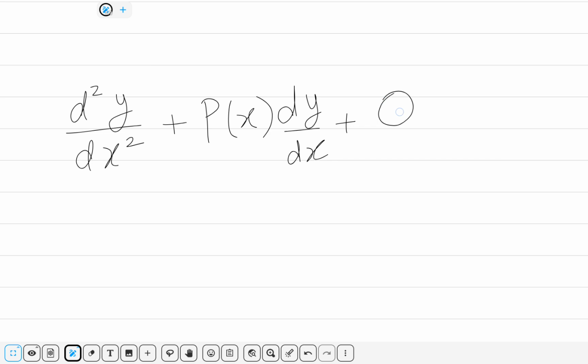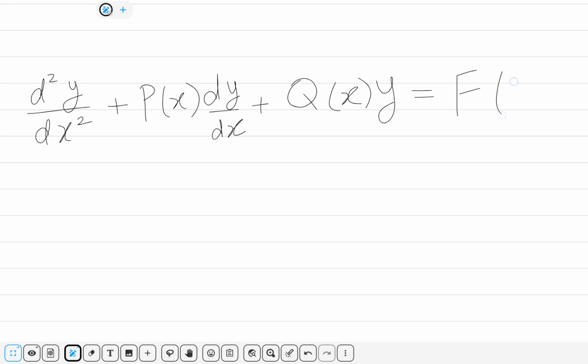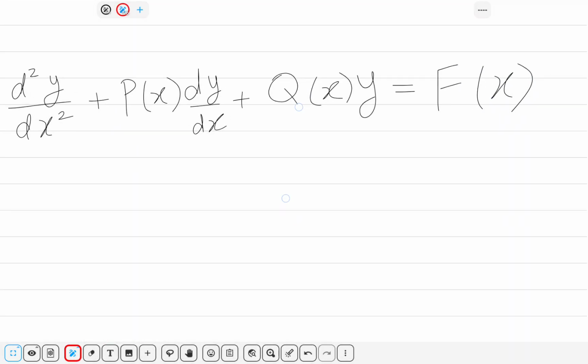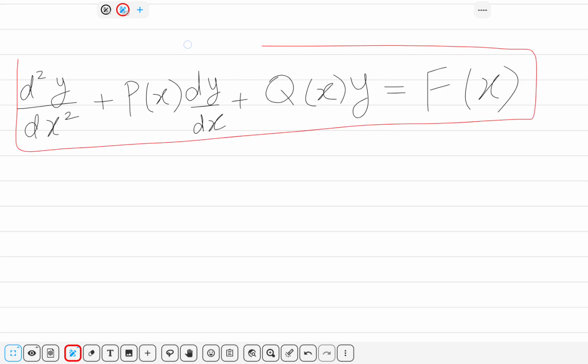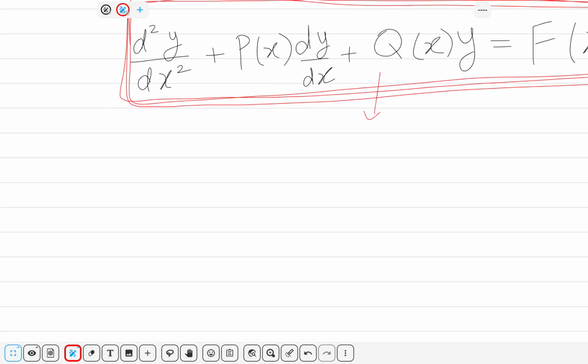So suppose I have, so any second order differential equation can be written in this form, the most general form possible. This is the most general form possible, and it is a subject in itself, as I said.